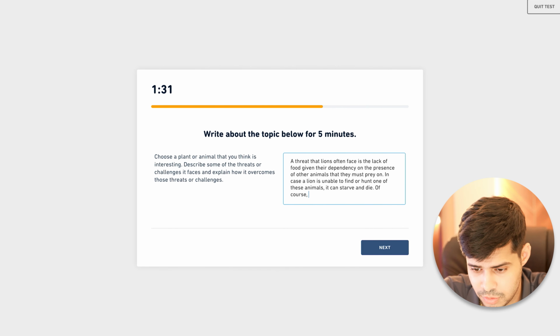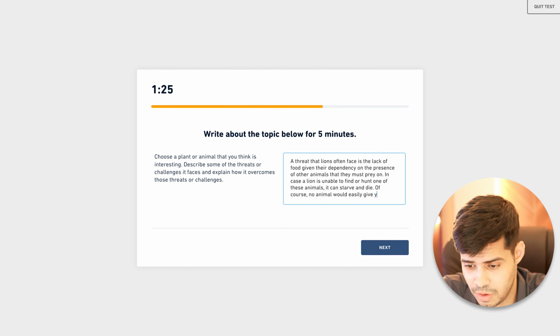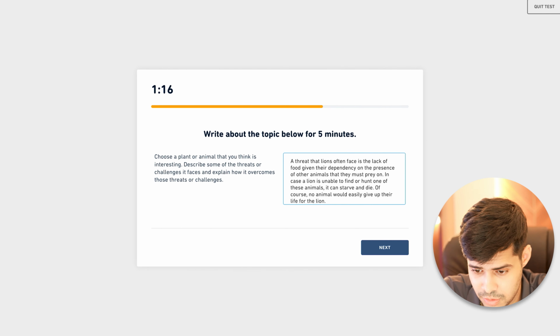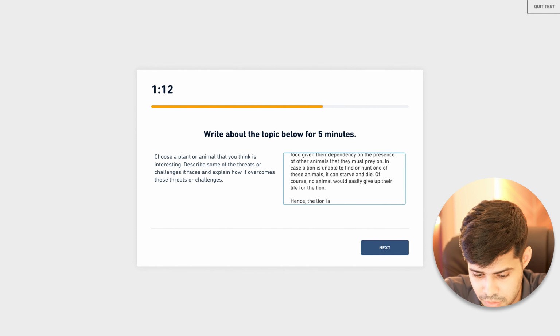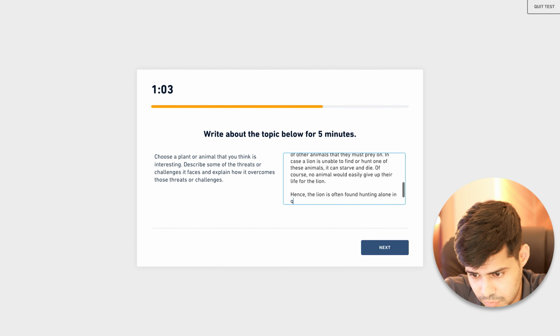Of course, no animal would easily give up their life for the lion. Hence, the lion is often found hunting alone in quiet.